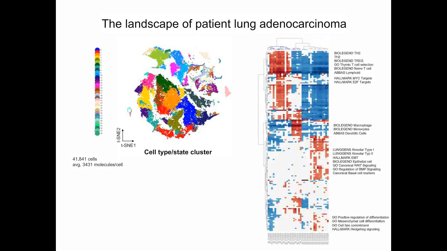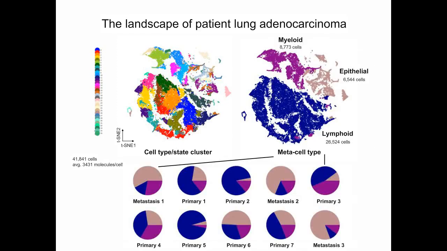The way these break down is the majority of cells that we're sequencing here are the lymphoid cells in blue and myeloid cells in this magenta color. I think if we did more of the sequencing, we would probably think about depleting a fraction of these immune-infiltrating cells so that we can sequence a higher fraction of the epithelial cells. But this is just to point out that we're able to really characterize these individual cell populations.